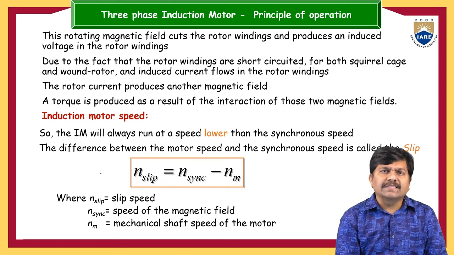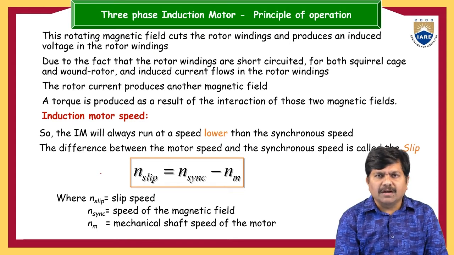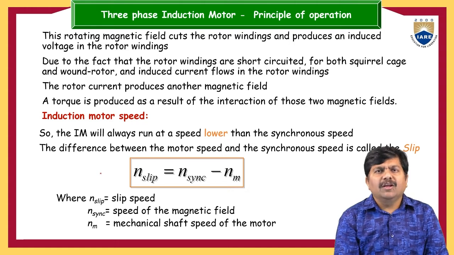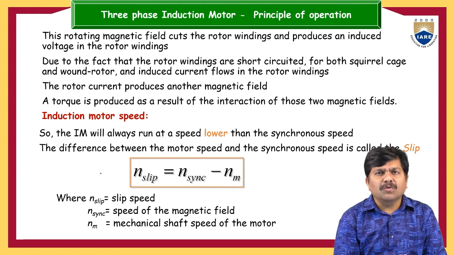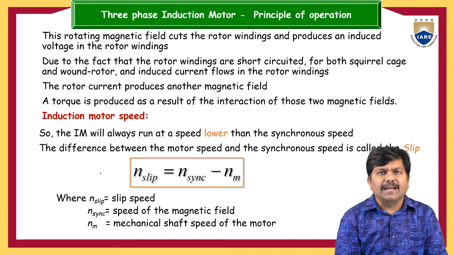Whenever the magnetic flux passes from the north pole to the south pole from the stator coils and onto the rotor windings, there will be a cutting of magnetic flux, and the stator flux sweeps the rotor conductors at the synchronous speed. That's why that magnetic field is called a rotating magnetic field.